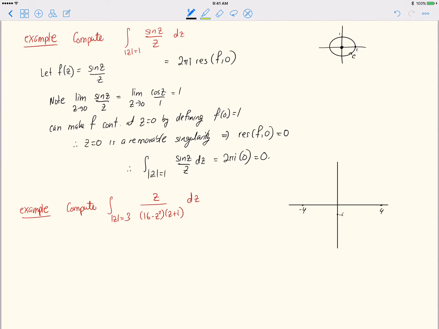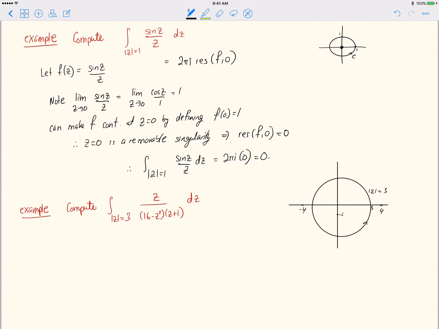Okay, and now I have to draw a circle of radius 3. So this point here is 3. So as you can see, the only singularity that's contained within my curve is at negative i. So I only need to calculate the residue at that point.